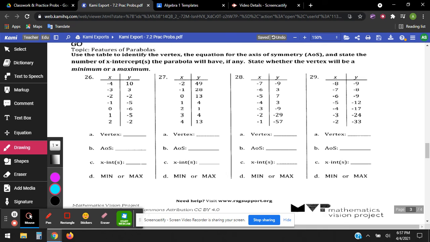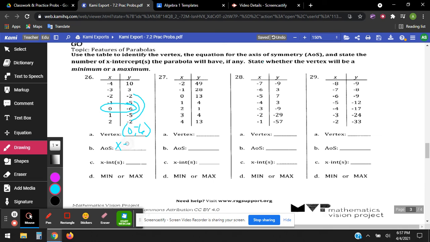Use the table to identify the vertex, the equation for the axis of symmetry, and state the number of intercepts the parabola will have, if any. State whether the vertex will be a minimum or a maximum. Okay, so vertex. Let's look for repeats. Here's a repeat. Here's a repeat. That means that's my vertex. 0, -6.